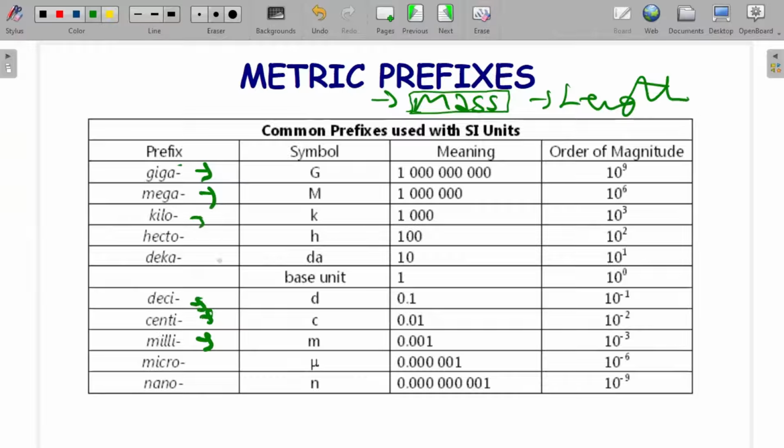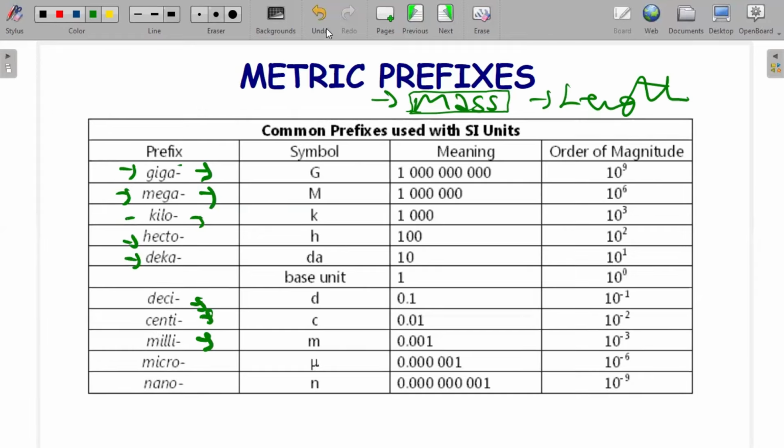But it's within the same unit of measurement. If it's a meter, that means it's the meter because you're dealing with length. If it's the kg, that means you'll be dealing with conversions from the kg to mega, giga, hecto, deca, such things. But just being consistent with one physical quantity.